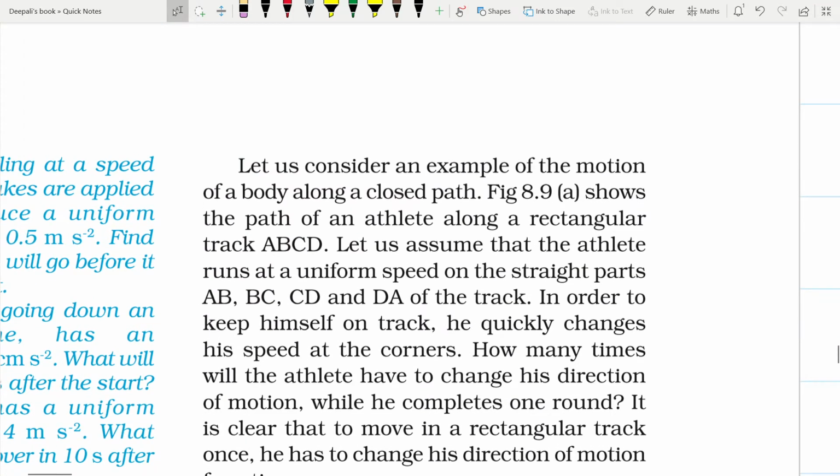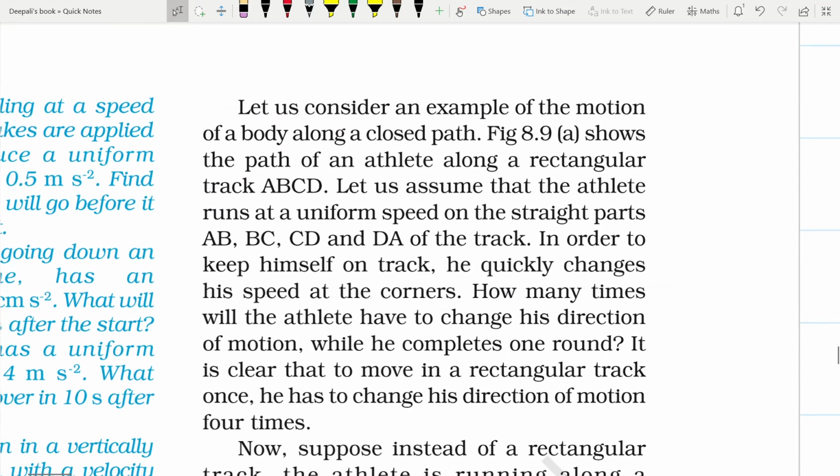Now let us consider an example of motion of a body along a closed path, as shown in figure 8.9a. It shows the path of an athlete along a rectangular track ABCD. Let us assume that the athlete runs at a uniform speed on the straight parts AB, BC, CD and DA of the track.